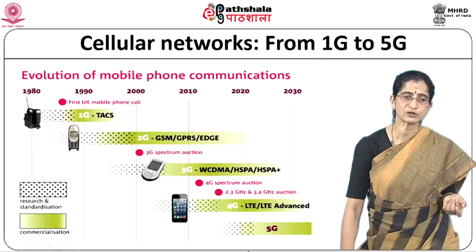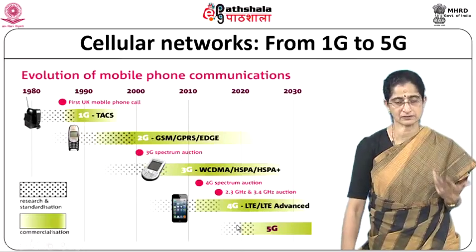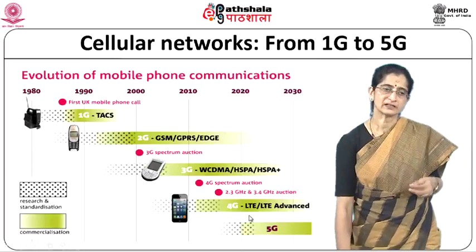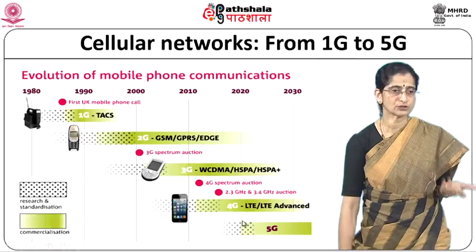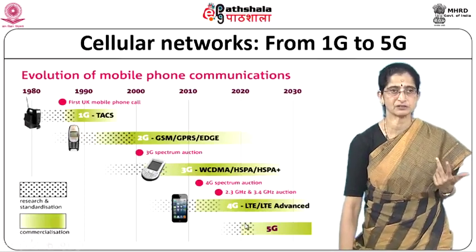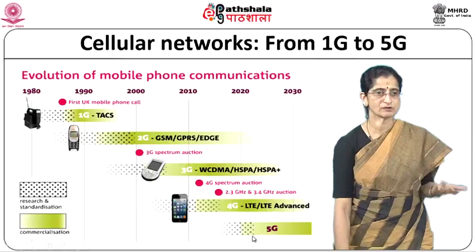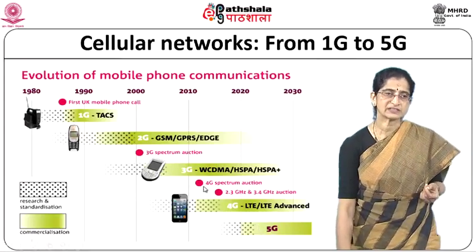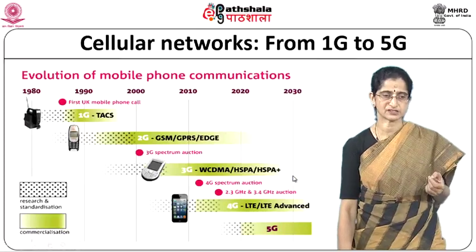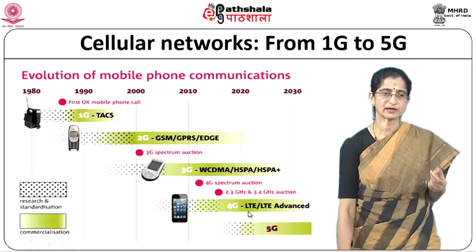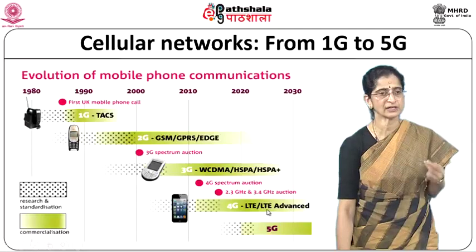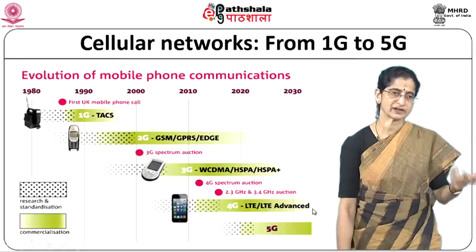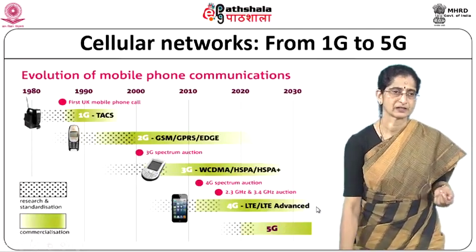Already work on 5G has started, and the hope is that by 2020 we will have 5G standards, and 5G will probably go on for another 10 years at least. The technologies we have with 3G are WCDMA, HSPA, HSPA plus and so on. With 4G we have LTE, long term evolution, and LTE advanced, and with 5G we are yet to see what kind of technologies are going to come.